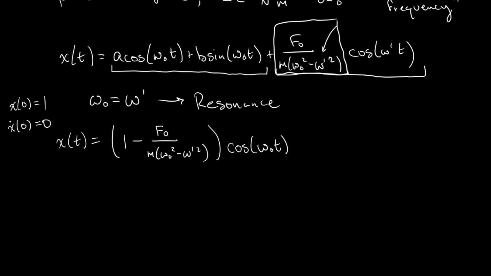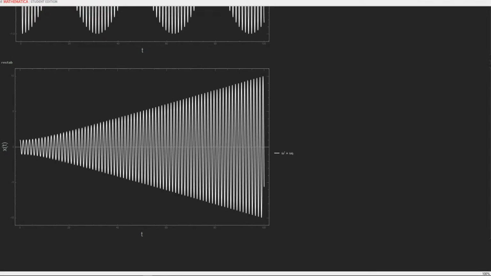And the reason why it doesn't immediately explode is because you have this other factor as well, omega prime squared. You can look at the limit of this, and you'll see how it grows. I think it'll be a bit complicated, but I don't think it's quite exponential. I actually think it's linear growth.